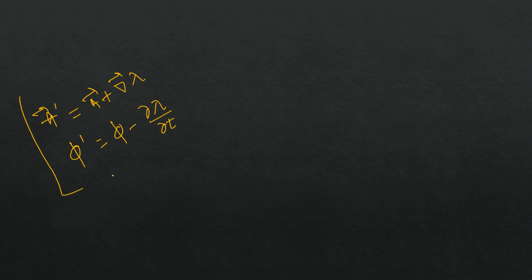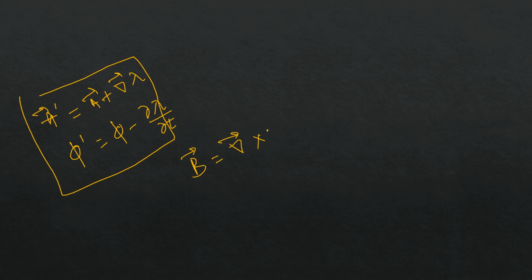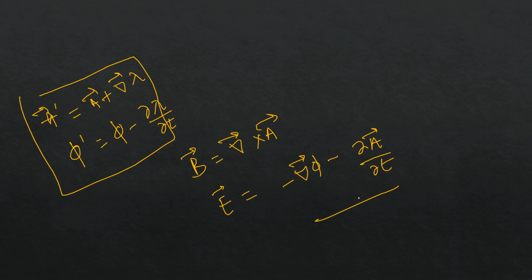These are the two you have to remember from the previous chapter. Magnetic field is del cross A, and electric field is minus del phi minus del A by del t. So these are the things you have to remember.